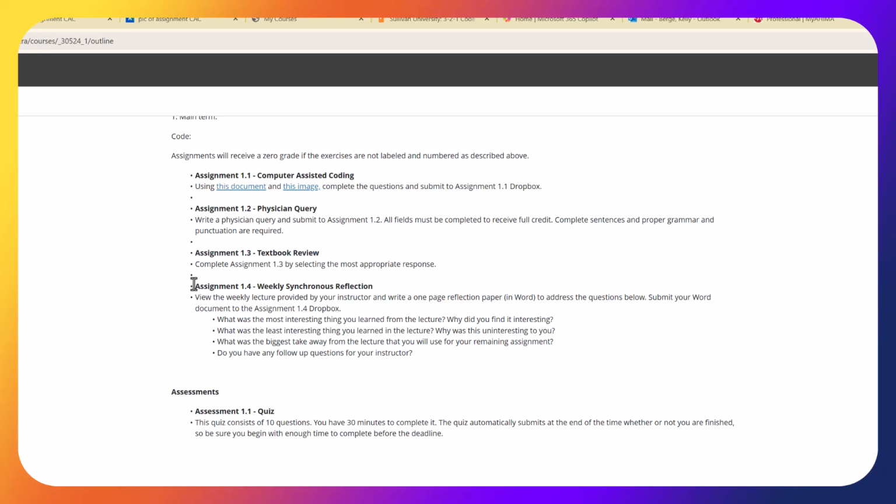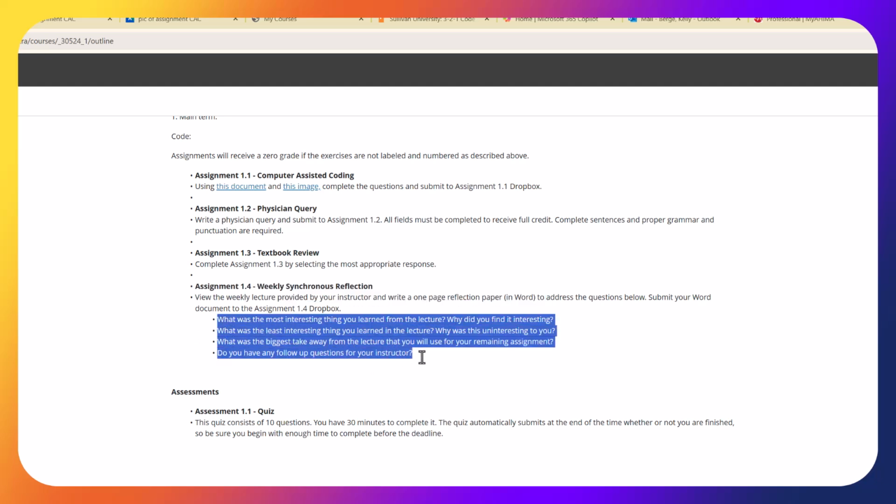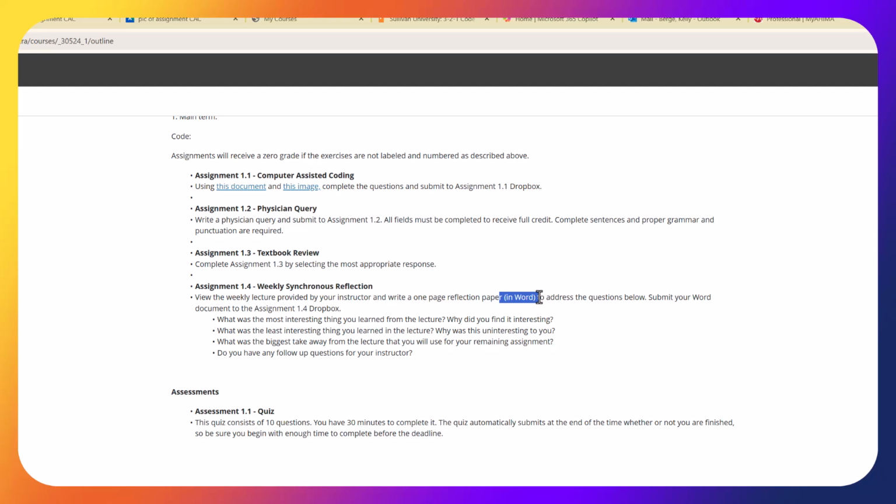Then the last item that is a document is the reflection paper based on this lecture that I'm doing right now. You're going to answer these 4 questions. All 4 questions need to be answered to get 100%. It must be in a Word document to get 100%, and it must be a page long to get 100%.